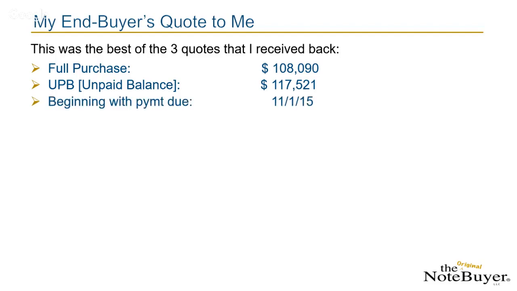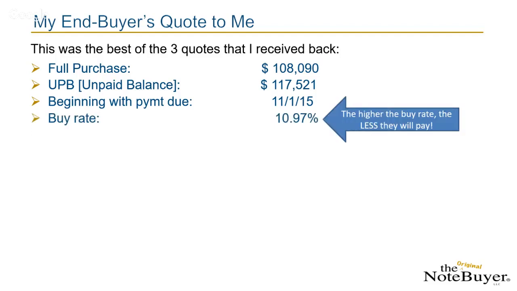And that will be beginning with the payment due. This is an older note that I'm using, but this was a real quote I got. It would be beginning with the November 1st, 2015 payment. And this is a buy rate of 10.97%.